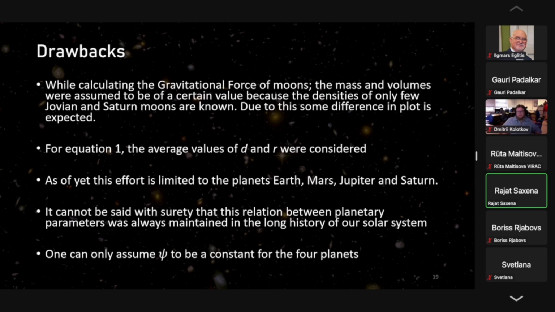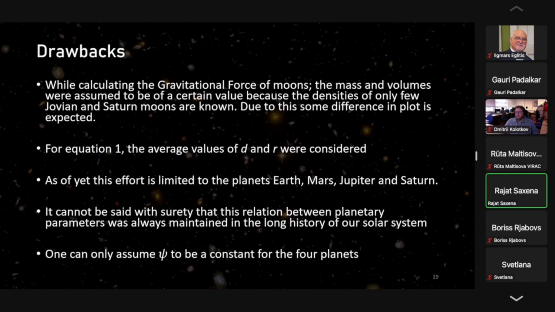The third point being, this effort is limited only to the planets Earth, Mars, Jupiter, and Saturn. So this is one of the major drawbacks, and this also includes the point that this equation as of yet has no theoretical or mathematical proof that can lead to the same conclusion. So that is one big drawback.